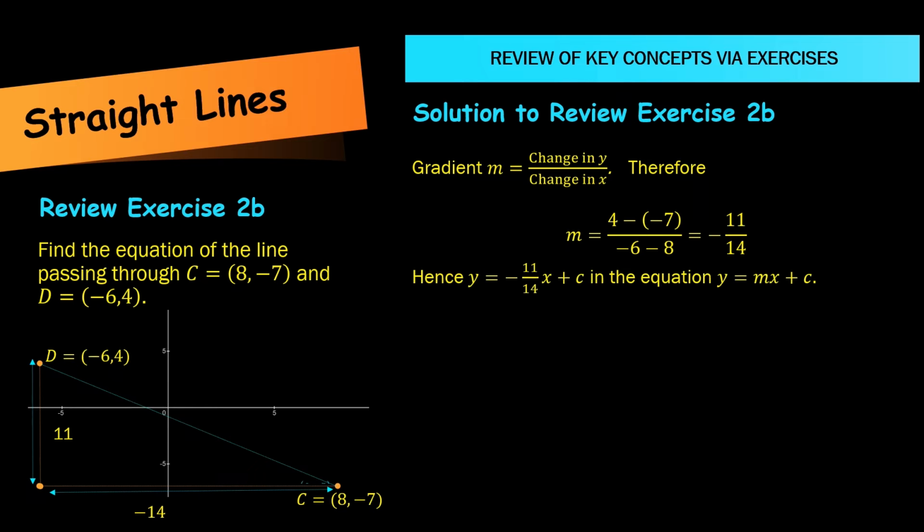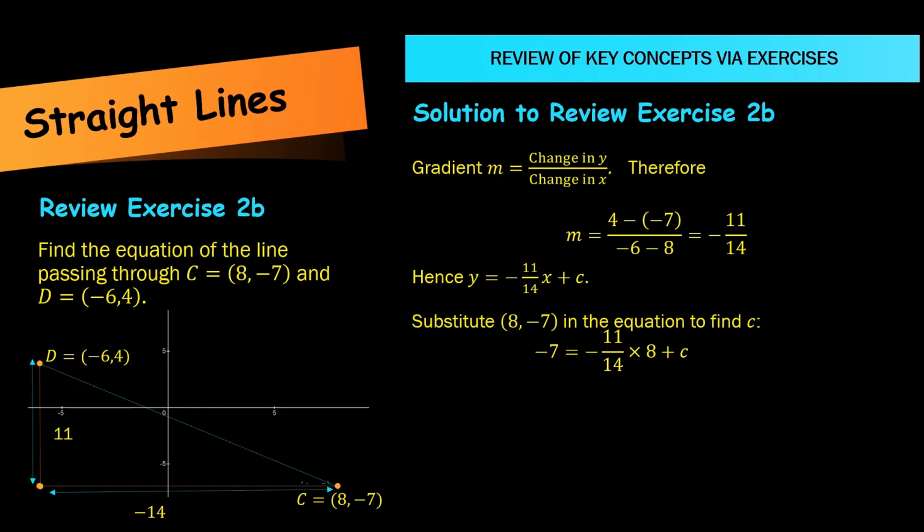And therefore y = −11/14 x + c. Now we substitute (8, −7) in the equation to find c. So we have y = −7 equals −11/14, which is the gradient, times x = 8 plus c.